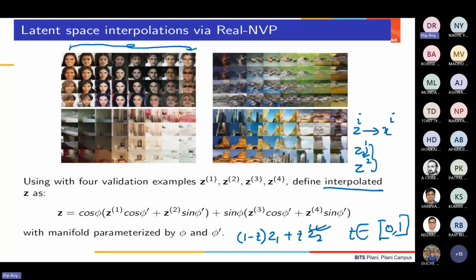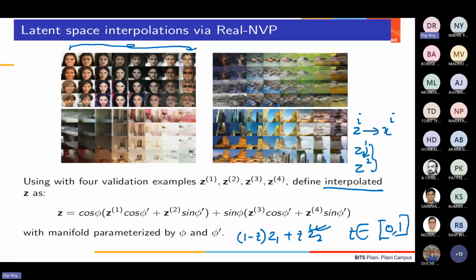So what this slide is saying is that with this particular model, the latent space representation is also good, as we can see using this form of interpolation. Now, any questions on this concept of interpolation? This is not specific to flow models.